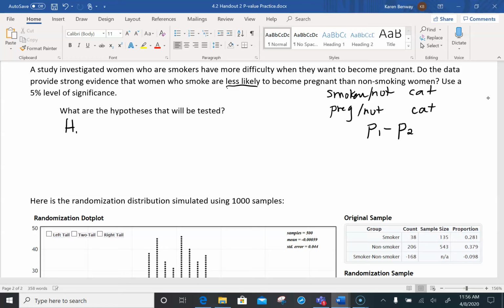So our null hypothesis is going to be, and we'll call P1 the smokers, and P2 the non-smokers.